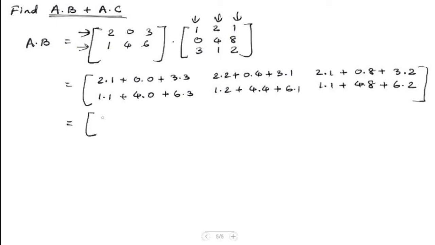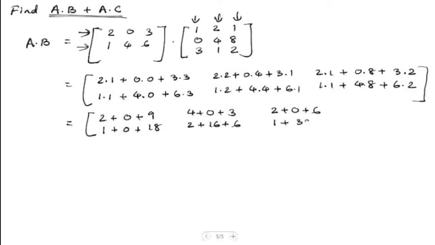Now we have 2 plus 0 plus 9, and here 1 plus 0 plus 18. And then we have 4 plus 0 plus 3 and 2 plus 16 plus 6. And then here we have 2 plus 0 plus 6 and 1 plus 32 plus 12.